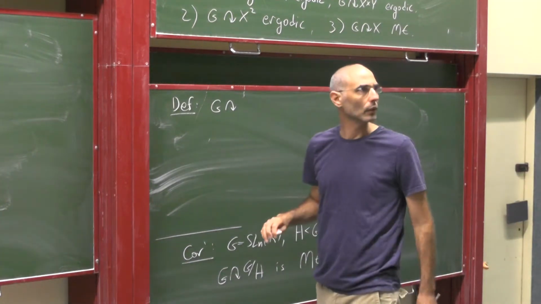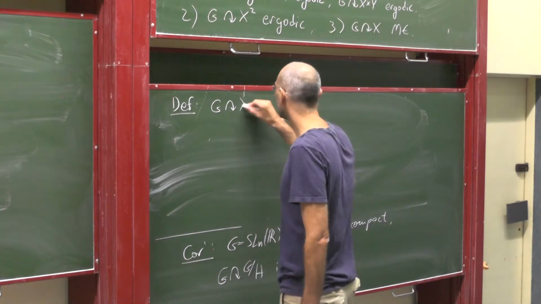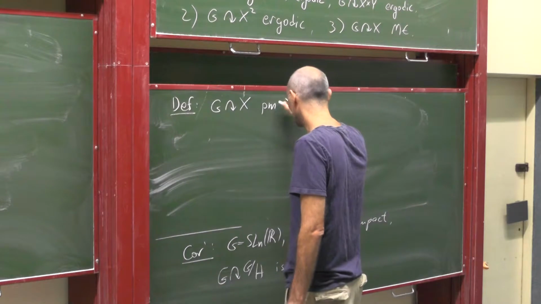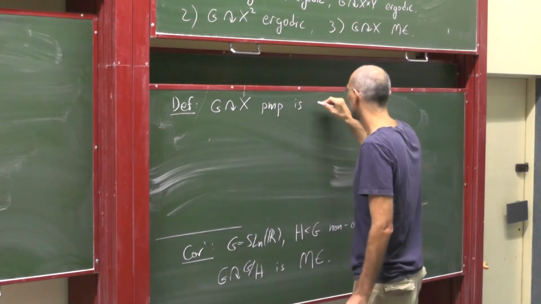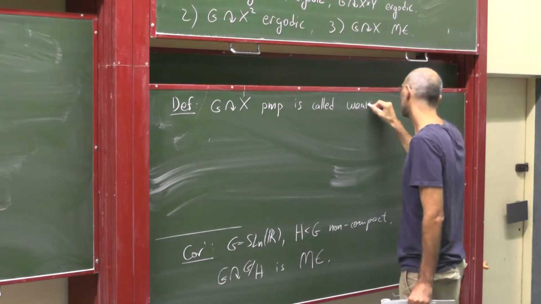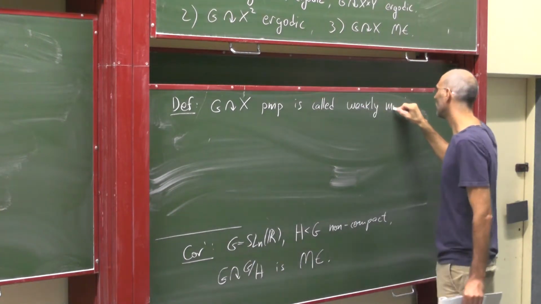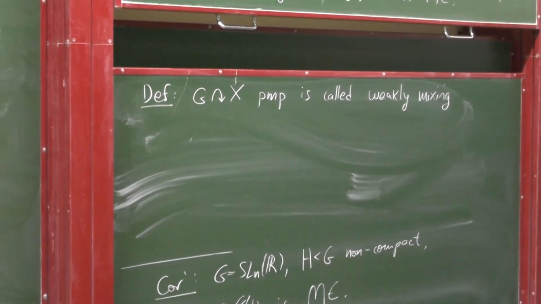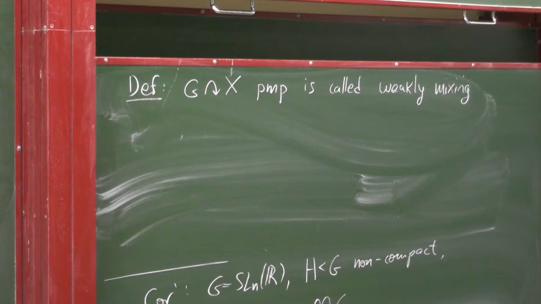I will not write this one down. G acting on X, assuming PMP, is called weakly mixing. This is just a classical name. And of course there is a stronger notion of mixing, and the stronger notion of mixing is exactly the one that we proved about, the Howe-Moore theorem, vanishing of matrix coefficients.